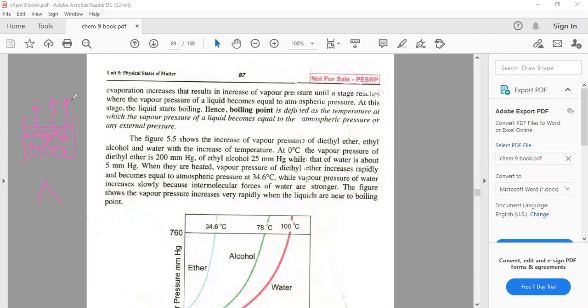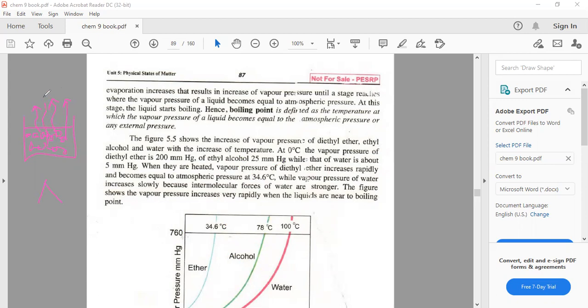They will evaporate. The more the evaporation, the more will be the vapor pressure. The more vapors form, the more pressure they exert on the liquid. So there is an increase of vapor pressure when you are increasing the temperature, as we have discussed previously.